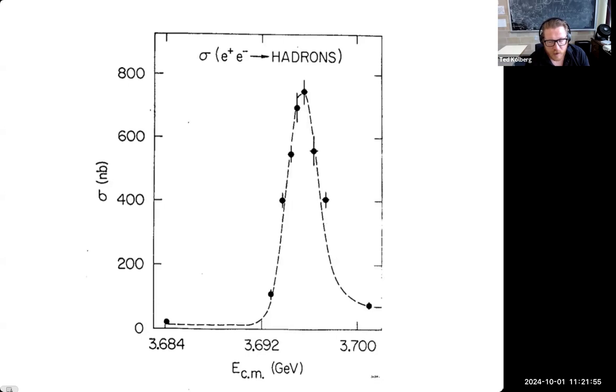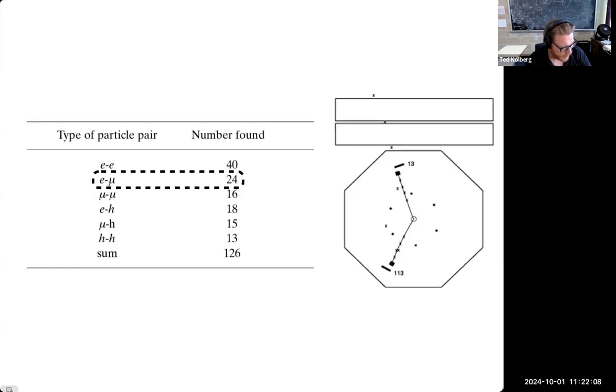The story is not over. It turns out that there's yet one more thing that you can see at this collider, which was also not anticipated, and I will just end the lecture with a quick tease of that.